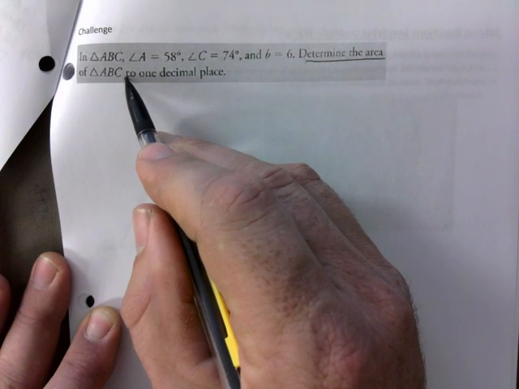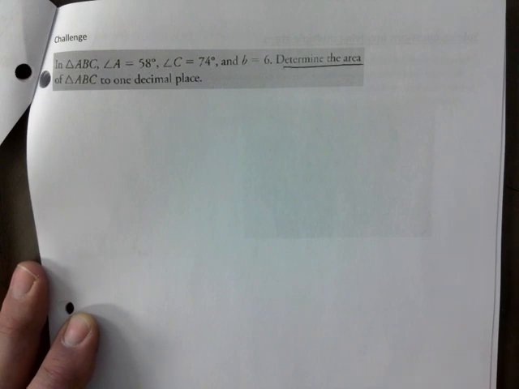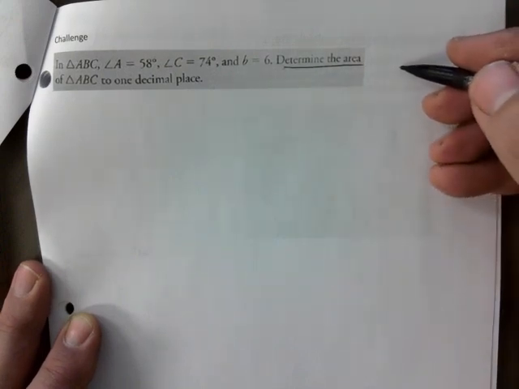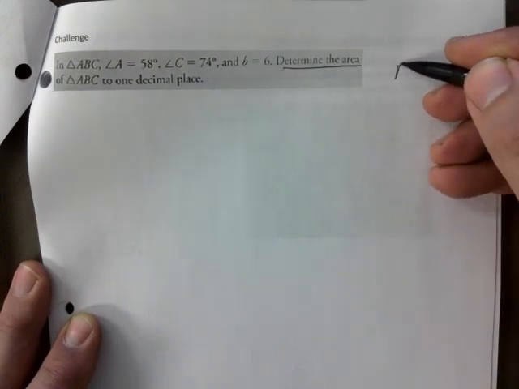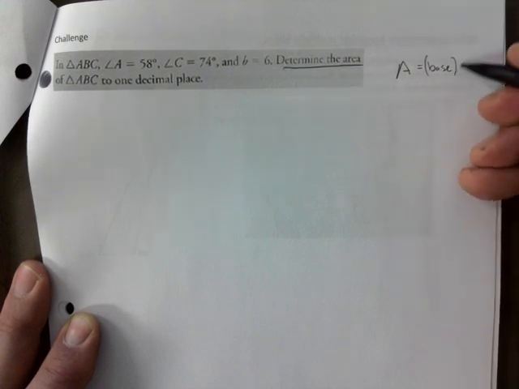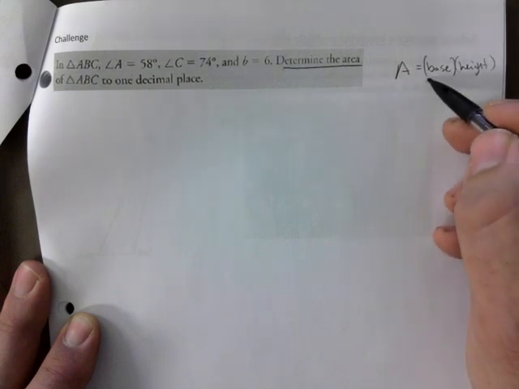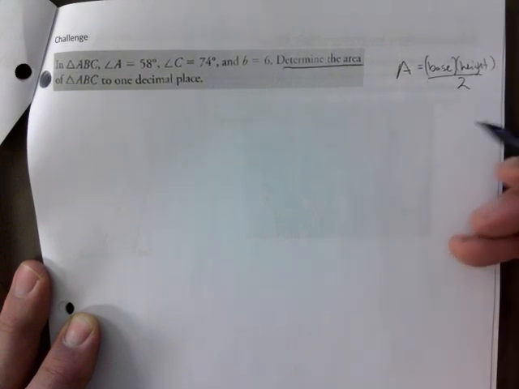Determine the area of the triangle. To 2 decimals, please. Even if it says 1 decimal, I just forgot to edit that out. You remember the area of a triangle formula? Base times height. Oh, there's the height. I'm going to need to find the height, I'm guessing, right? Divided by 2.